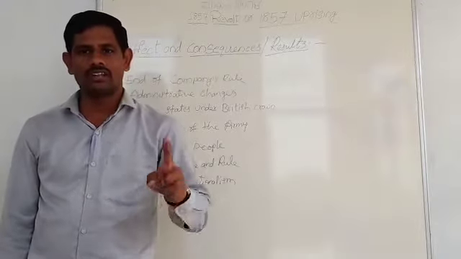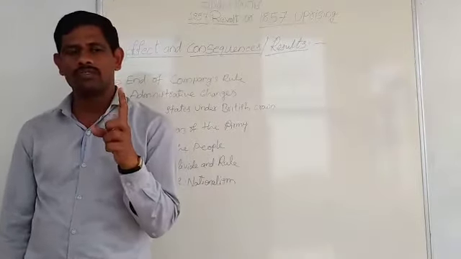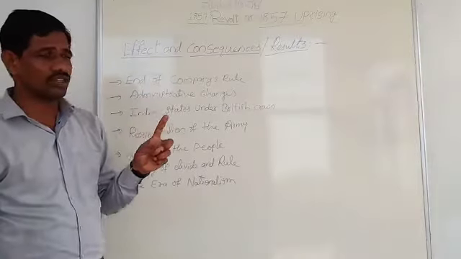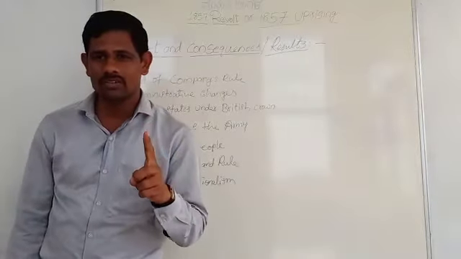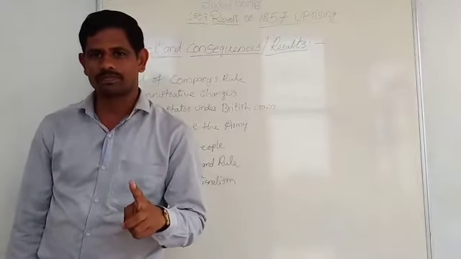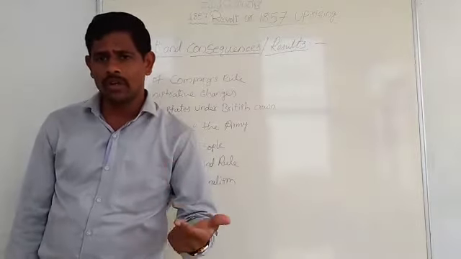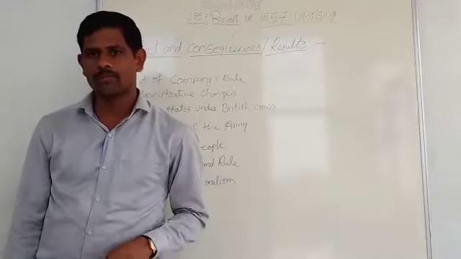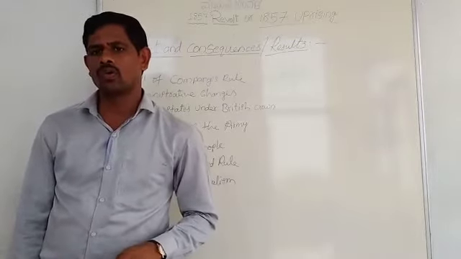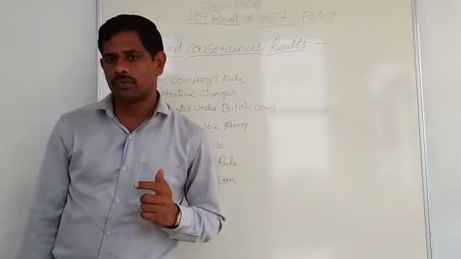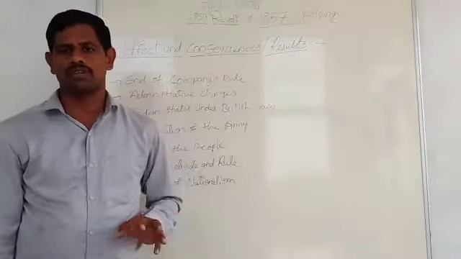The council would consist of 15 members, of which 8 would be appointed by the Crown, meaning Queen Victoria, and the rest by the Court of Directors from among themselves.